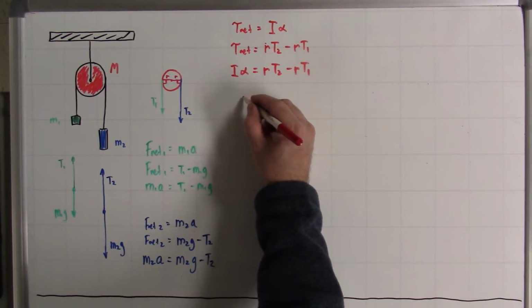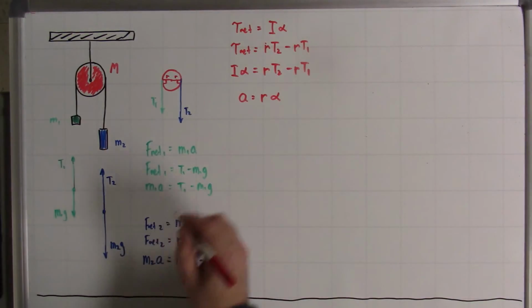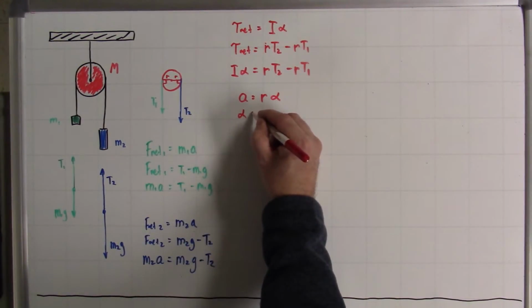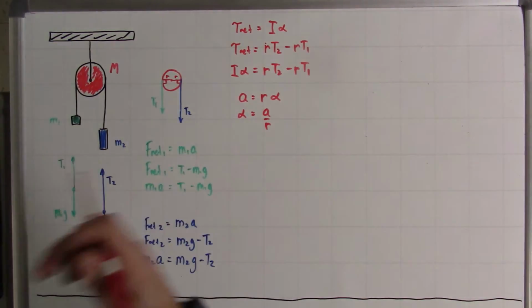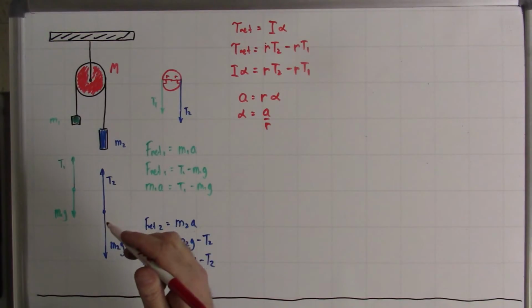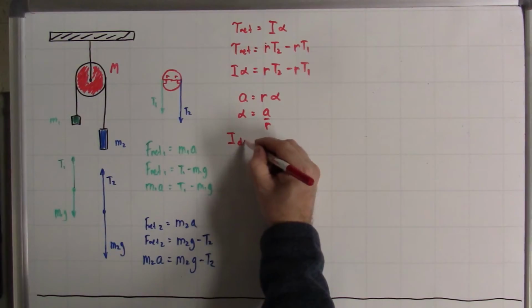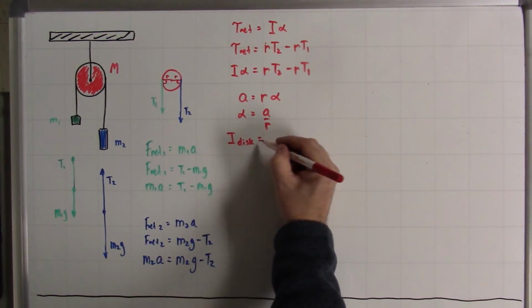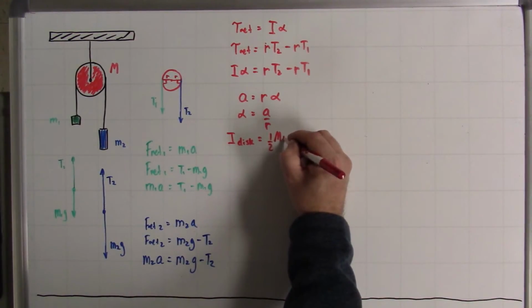We know that for an object that's rotating, if I want to find the linear acceleration, it's equal to R alpha. Therefore, alpha is equal to A over R. That's a substitution I can make right there. And it says here that this is hung over a large pulley that acts like a solid disk. So I, for a solid disk, you can look it up in the book or ask your Googler, is equal to 1/2 mr squared.